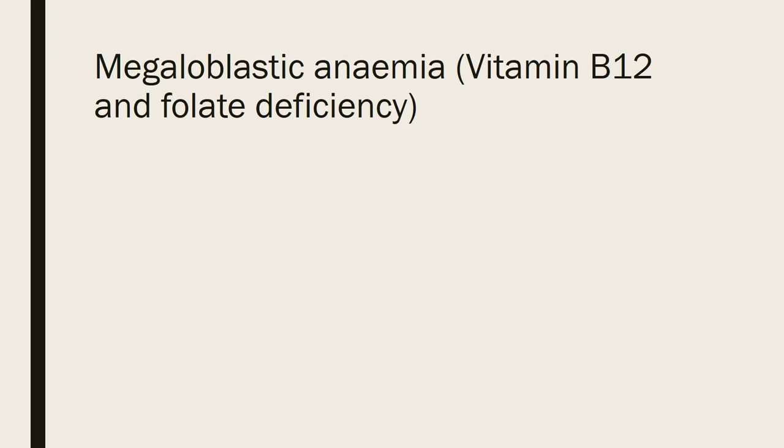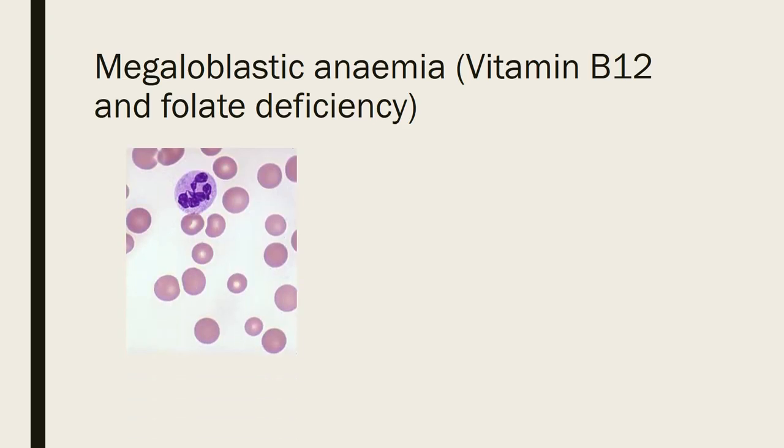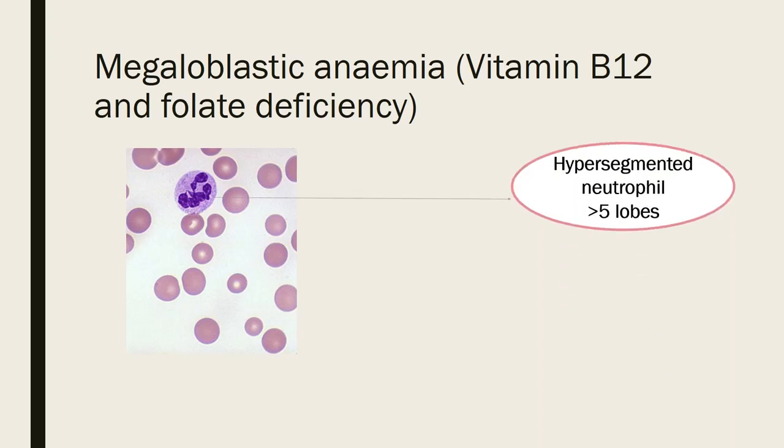When the megaloblastic anemia due to B12 and folate deficiency is present, then in peripheral smear, hypersegmented neutrophils with more than 5 lobes will be characteristically present. So it is suggestive of megaloblastic anemia. And you can also see the macro-ovalocytes in this slide.